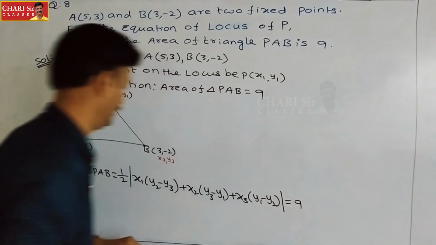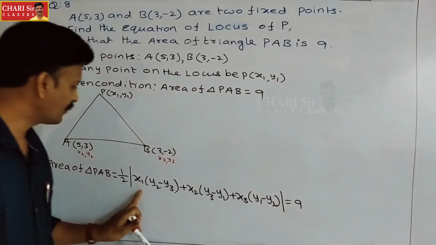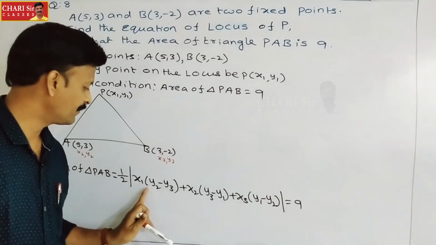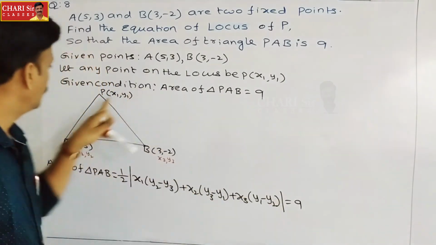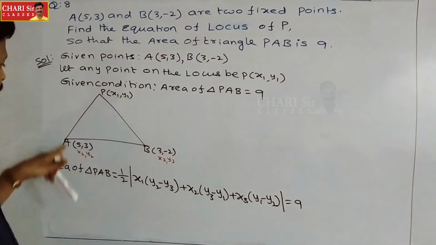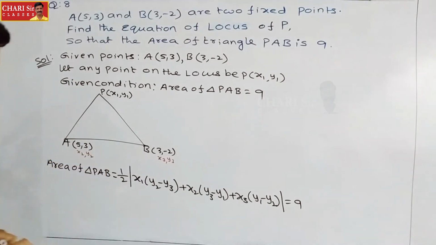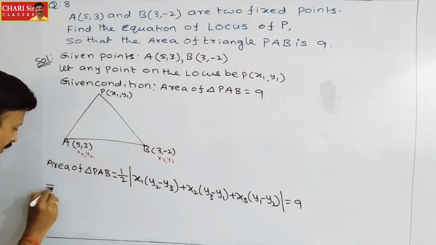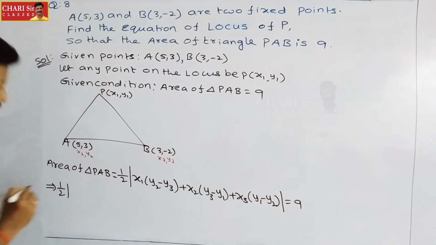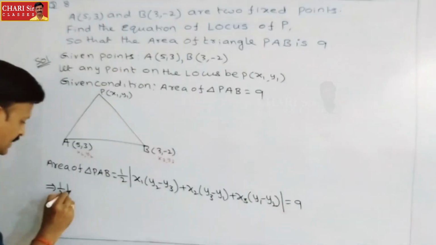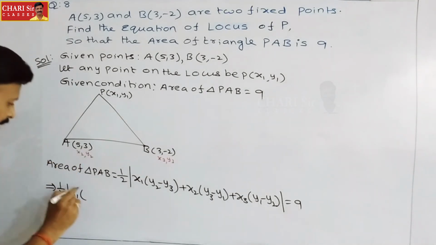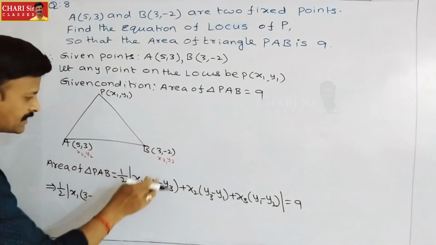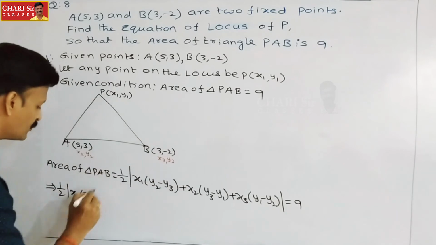Now in place of x1, y1, x2, y2 and x3, y3, we can substitute the values. That is, 1/2 under modulus x1 is x1 only, times y2 minus y3: y2 is 3, y3 is minus 2, so plus 2.